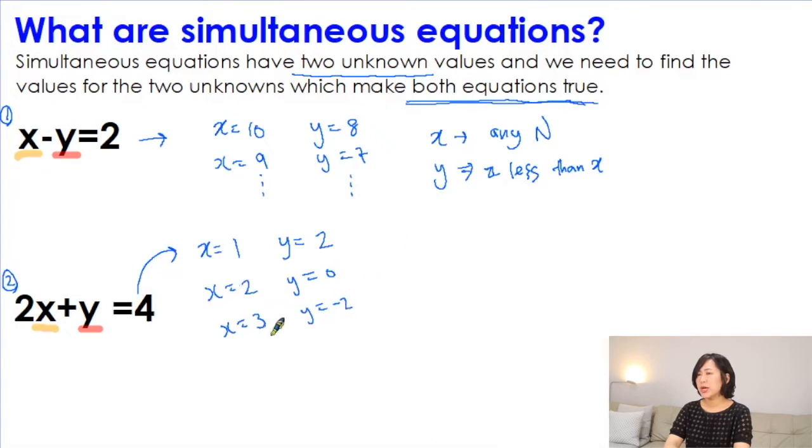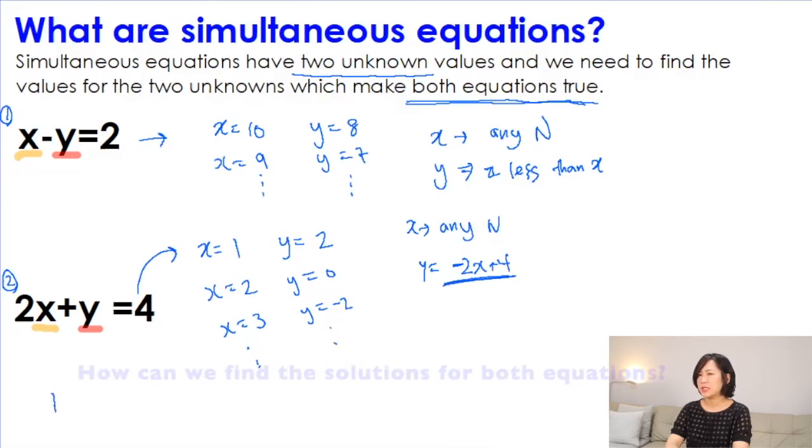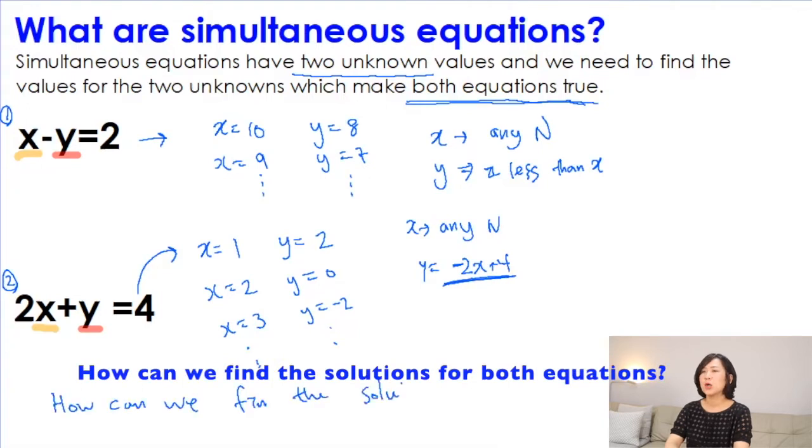This equation also has a lot of solutions, right? When x is any number, y is minus 2x plus 4. You can see the pattern, right? So these two equations both have a lot of x and y values.